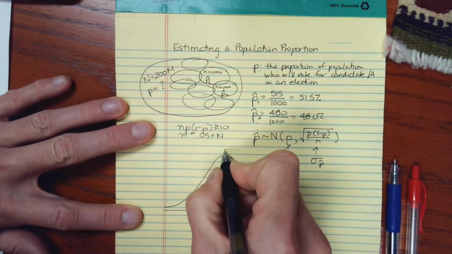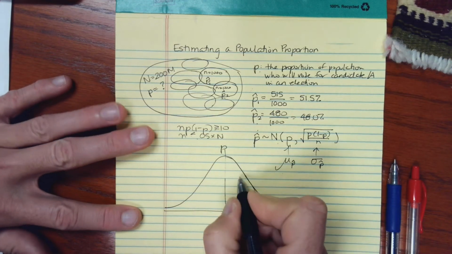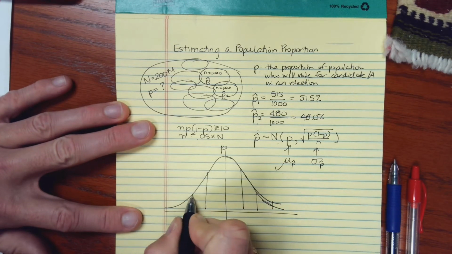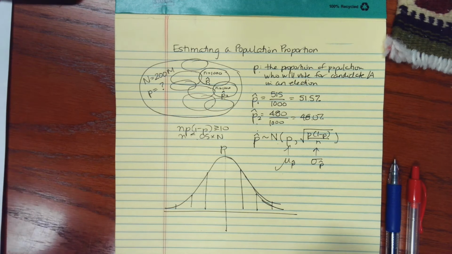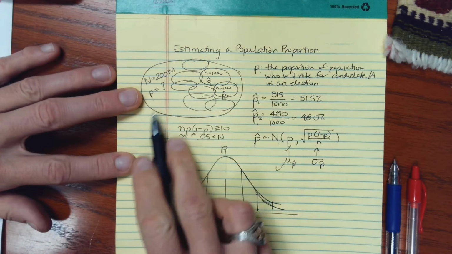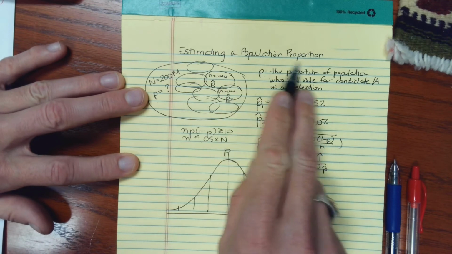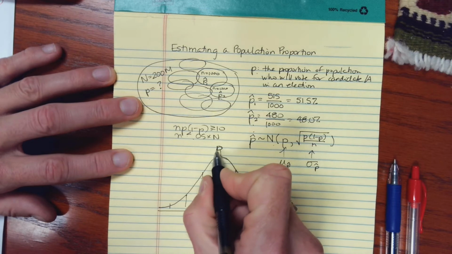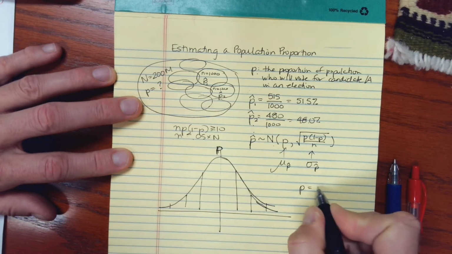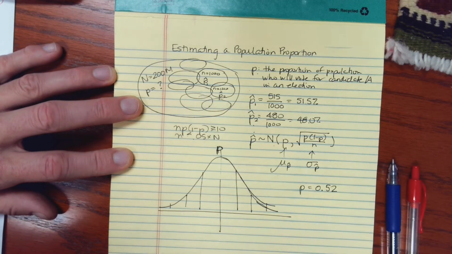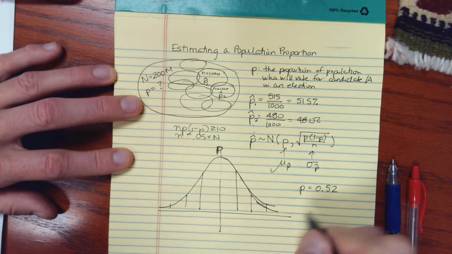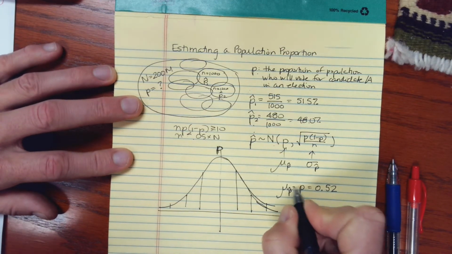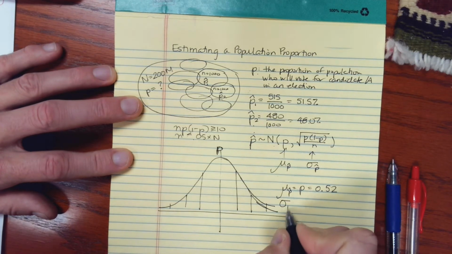and here's the center, it's at p, and we could go 1, 2, and 3 standard deviations to the right, and 1, 2, and 3 standard deviations to the left. So let's say that in this particular population, even though as far as for estimating we would not know this, the actual proportion in this population, p, is maybe 0.52. And this is also the mean for p hat, and how could we figure out the standard deviation for p hat?